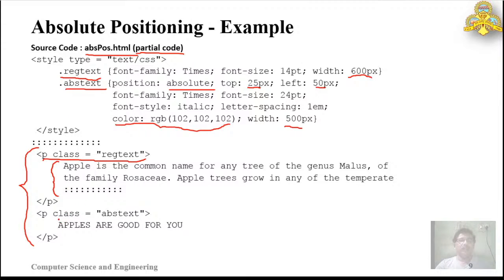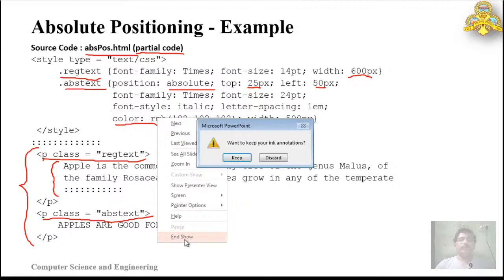And another one here is: apples are good for you. It's a simple text, and this paragraph implements the style class abs text. For absolute text, positioning is absolute. Top and left are specified, and also the width is specified, and the color here is the RGB function. We'll go for the program.